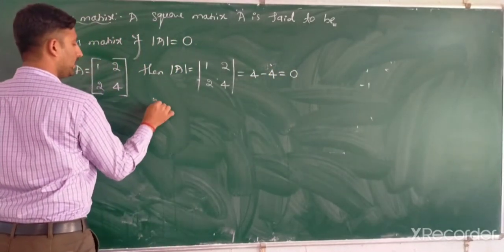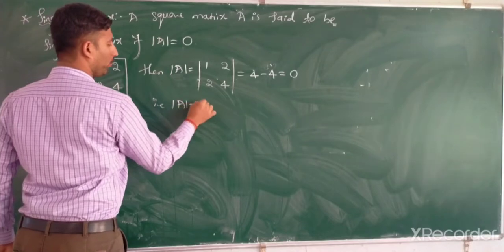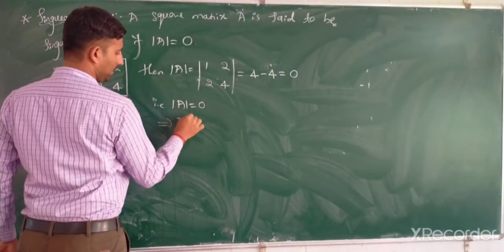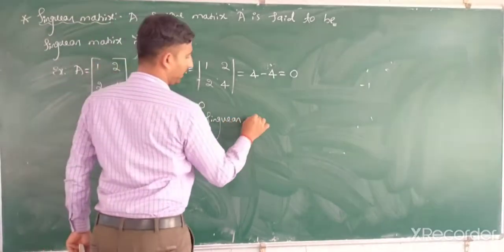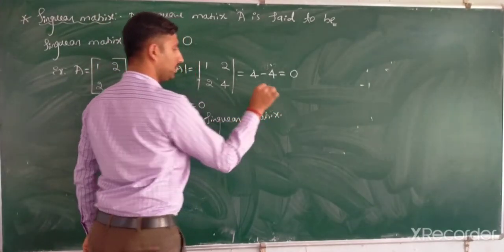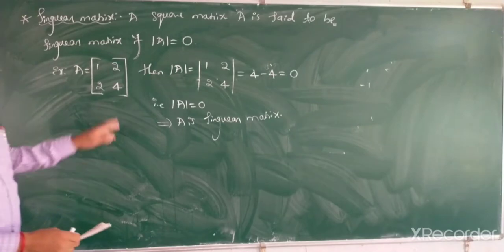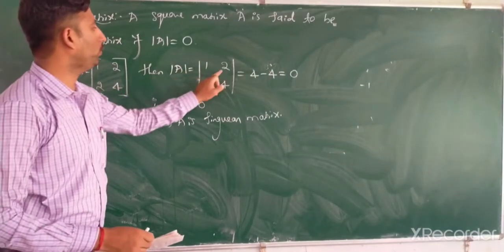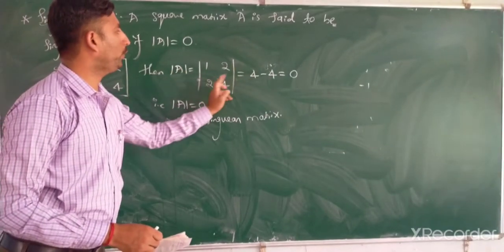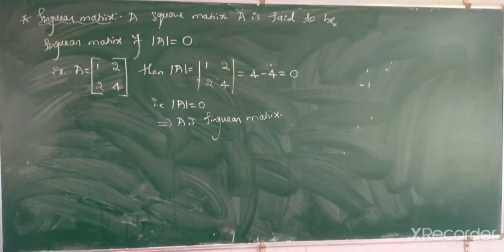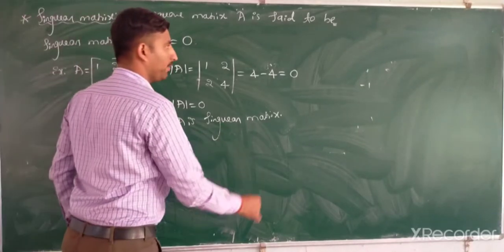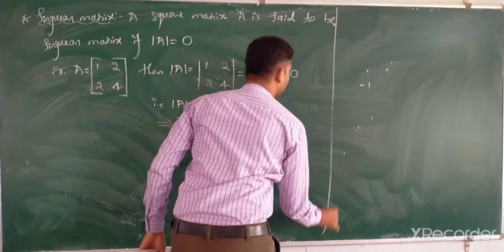Correct? That is, determinant of A is equal to 0, which implies A is a singular matrix. Then next, non-singular matrix.